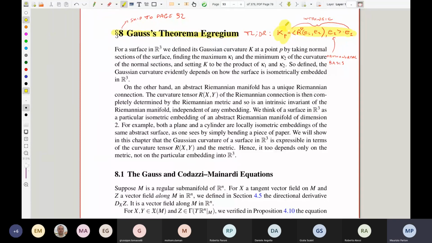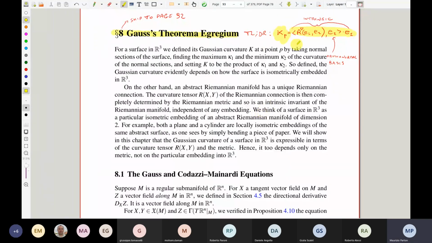Remember, the Gaussian curvature apparently depends on the embedding because it is the product of two numbers, the principal curvatures, which are defined with respect to the normal direction. And so it depends on the embedding, at least on the normal direction.